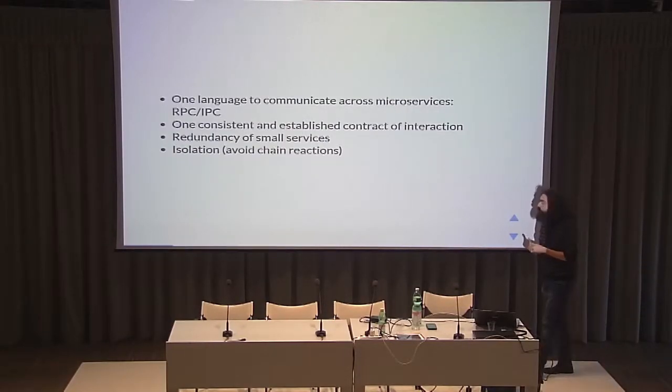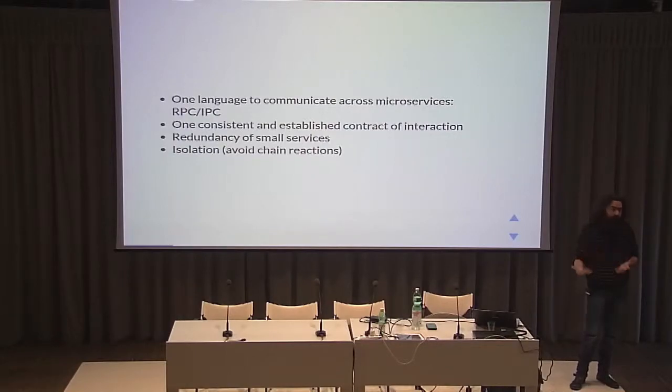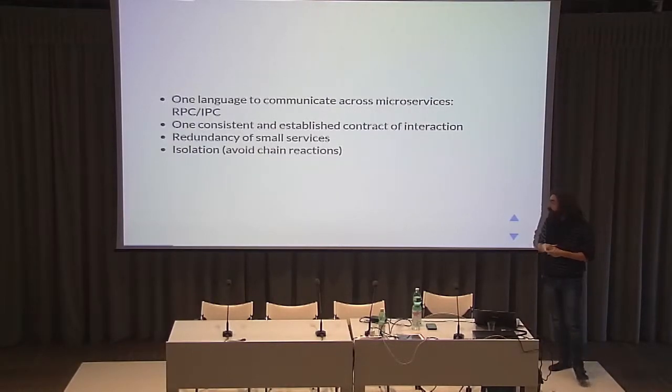I would prefer to have a simple and established communication system between all my microservices. I would prefer to define a protocol for my whole architecture and stick with that, instead of having different microservices speaking different languages.